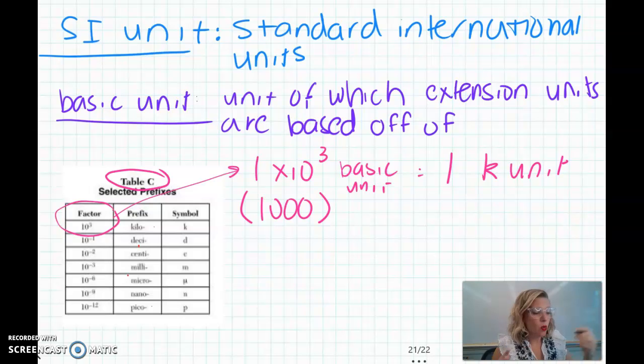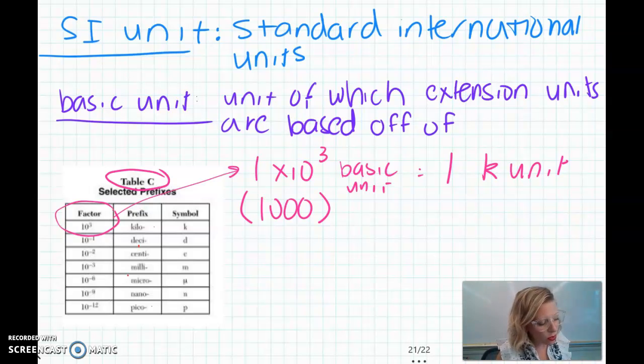So this could be 1,000 meters for every 1 kilometer, or 1,000 grams for every 1 kilogram. You can insert any basic unit and put that prefix right on top of that.